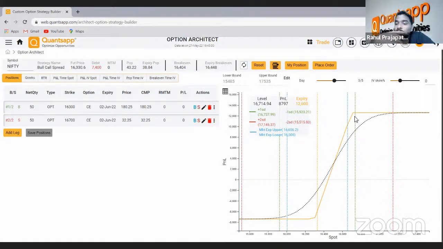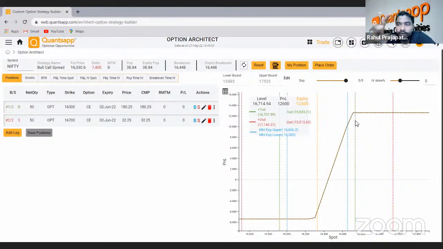But on expiry, I'm going to make 12,600. Let's say I'll just drag it to the expiry last day. See, the black line and orange line have both become the same. On expiry, if the market reaches 16,800, my profit will be 12,600.